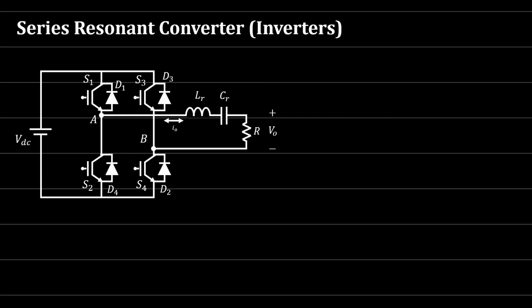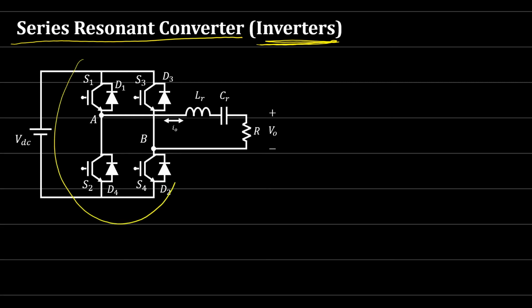Okay, so for this lecture, we'll talk about the series resonant converters, or specifically the series resonant inverters. We have an H bridge here, and you'll find that the resonant component, or the resonant tank, will be on the load, on the output of this inverter.